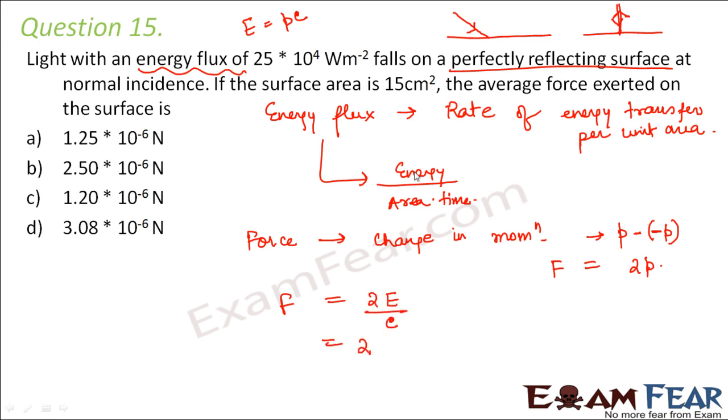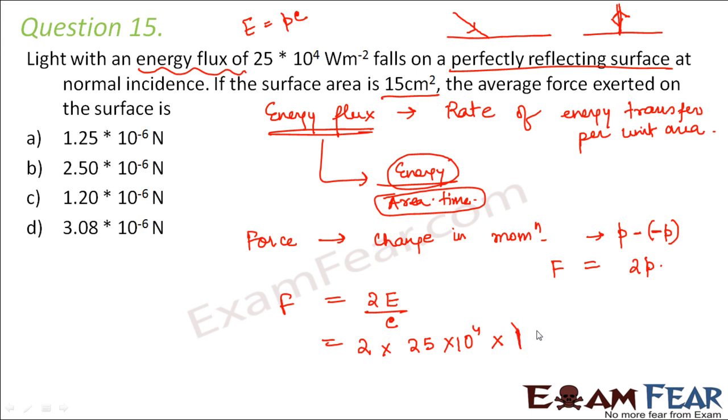And how much is the energy? Energy will be equal to energy flux into area into time. So how much is the energy flux? It is 25 into 10 to the power 4. And how much is the area?